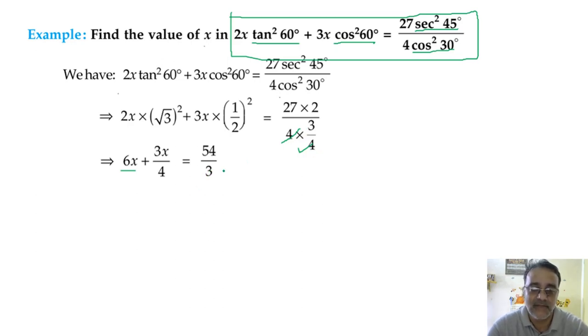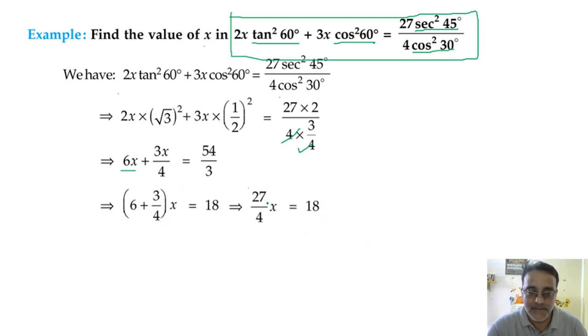No, sir. Okay. So next what we will do, we'll take LCM here. So what will you get? If we take LCM, 27x by 4. Okay, 27x upon 4 is equals to 18, because we can cancel this and we'll get 18.